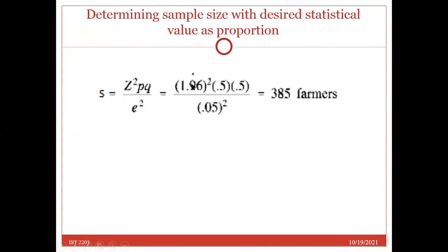The Z value corresponding to the 95% confidence is put there. The error is there. Then this is P, and this is 1 minus P, and you have the number of farmers. Notice in this case, we don't have a population here; we don't know the number of the population.